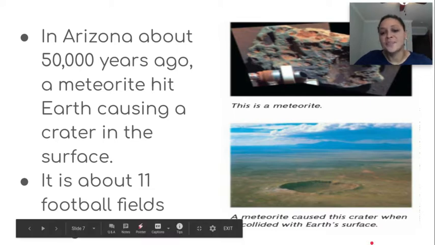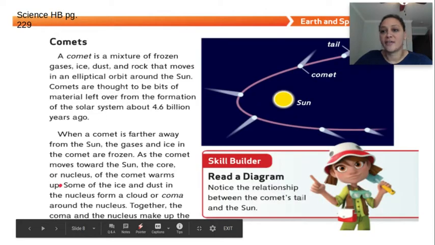So it was a meteorite. And it caused this crater when it collided with Earth's surface. So look down here. You can't tell from the picture, but it is about 11 football fields wide. Okay, so it is a very large impact crater. I'm sorry, 11 football fields long. Yep. So again, very rarely, this happened 50,000 years ago. And so it is extremely rare for them to impact Earth.